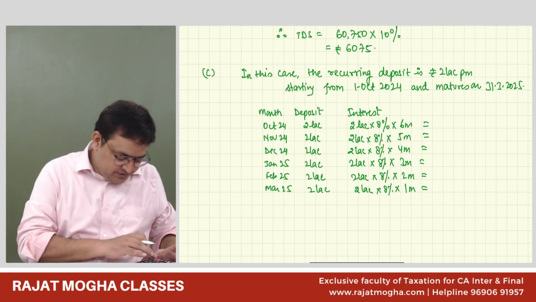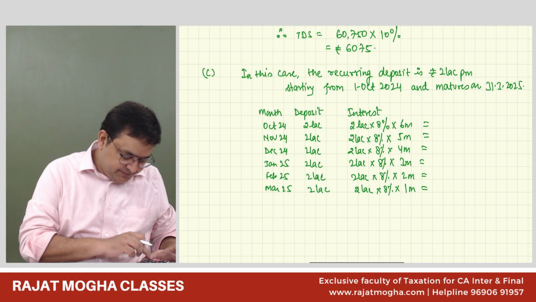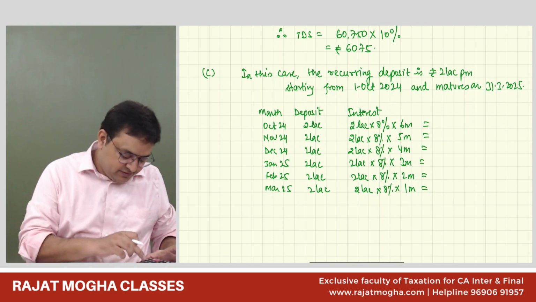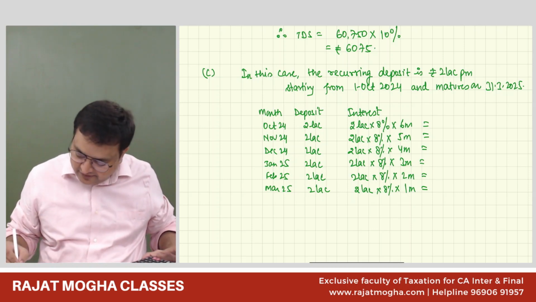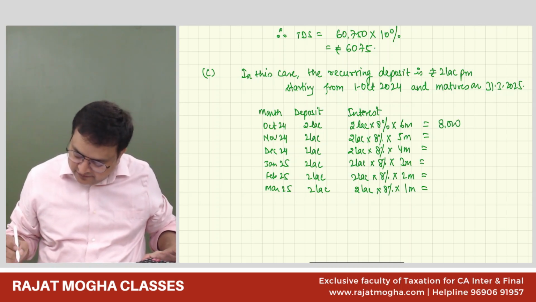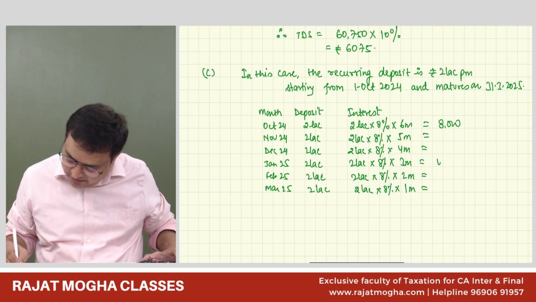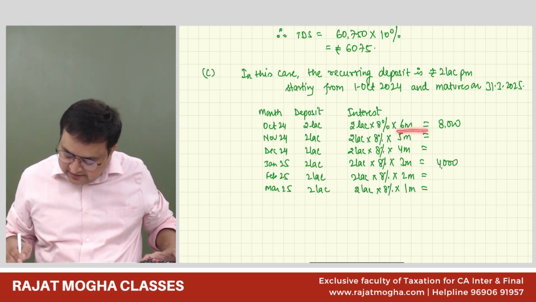First one, 2 lakh at 8% for 6 months, divided by 12 into 6, it will be 8,000. I think we can do this now. 8,000 for 6 months. For 3 months, you just take half of it. You have to save your time. For 6 months, it is 8; for 3 months, it would be 4.